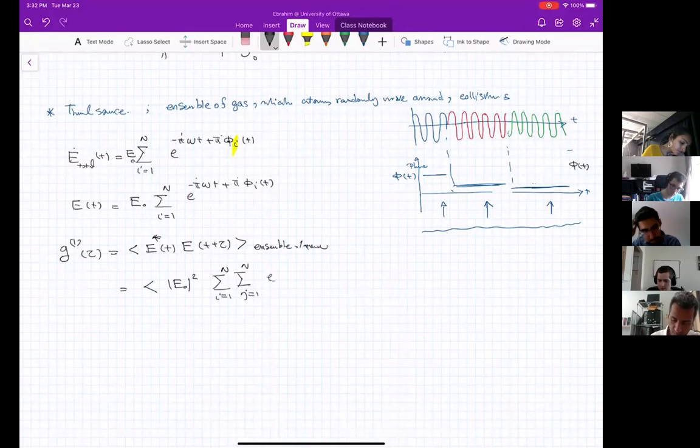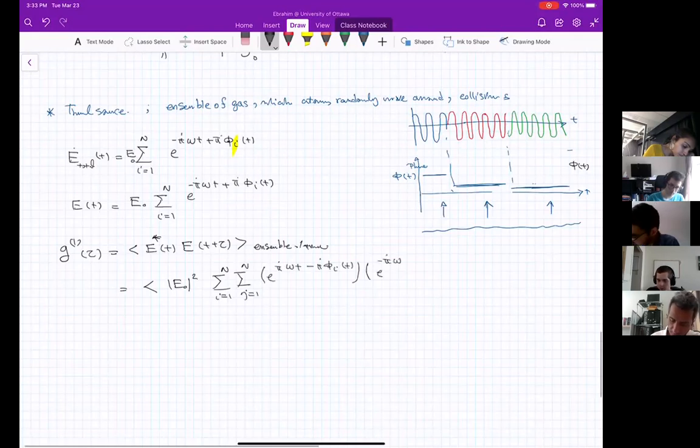Then I have e to the i omega t, plus, with the negative sign, sorry, this one is with plus. The other term is with negative i phi i of time, multiplied by e to the minus i omega (t plus tau), minus plus i phi j (t plus tau).